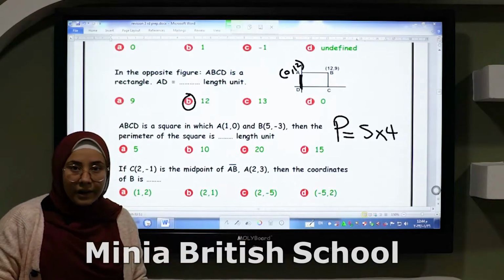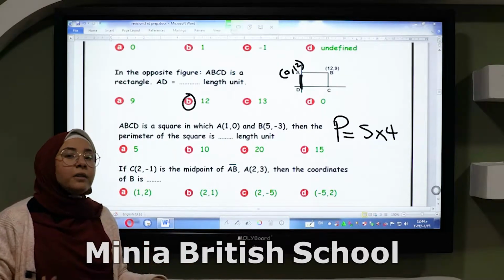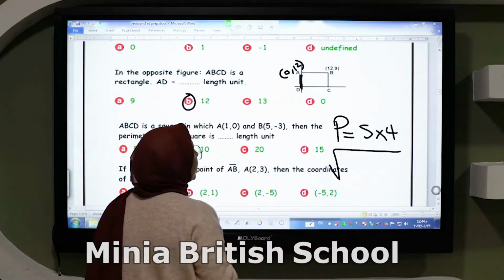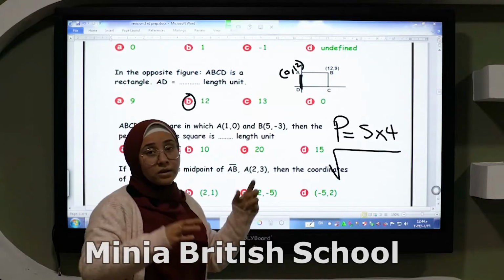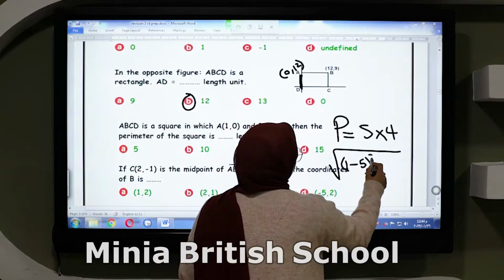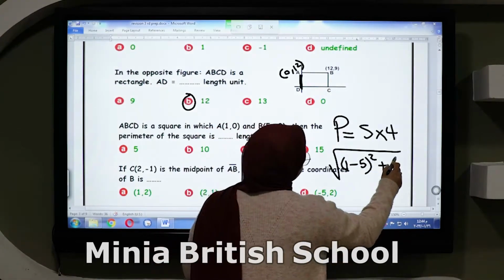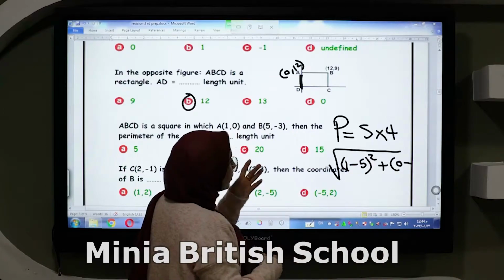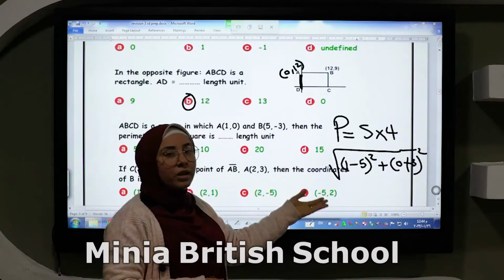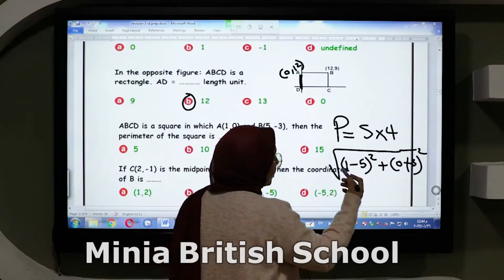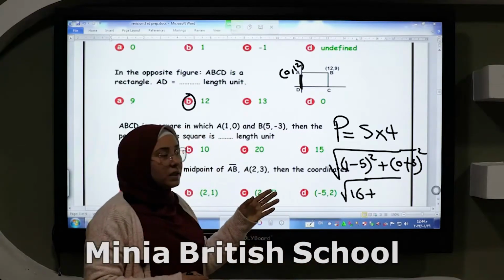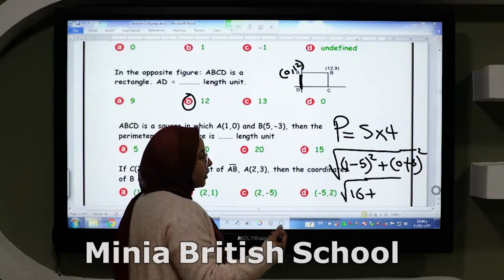You can find the side length using the distance rule: root of (1 minus 5) power 2 plus (0 minus negative 3) power 2. 1 minus 5 power 2 equals 4 power 2, which is 16, plus 3 power 2 equals 9.